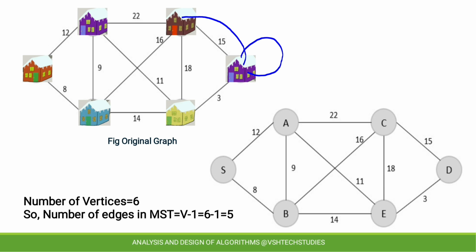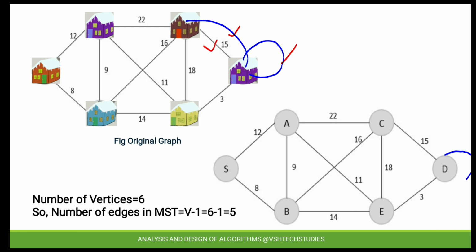There is not any necessity of constructing a road for a house to itself or constructing two roads between the houses. Hence, while solving the problem, whatever loops and parallel edges are there, they must be removed first. Okay. So when you transform this problem to this, the first thing is we'll have removed the loop here, we'll have removed the parallel edge here, and then continue to solve.